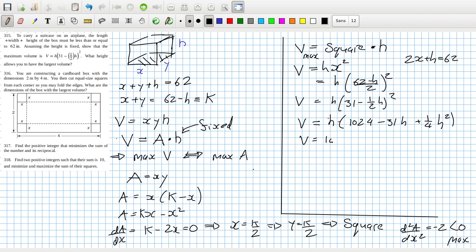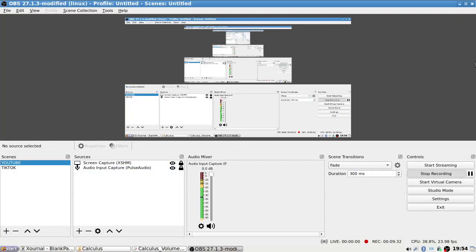So V is 1024h minus 31h squared plus a quarter h cubed, and then the derivative is 1024 minus 62h plus 3/4 h squared equals 0. So I think something's gone wrong here. Let me pause for a minute just to check my algebra.